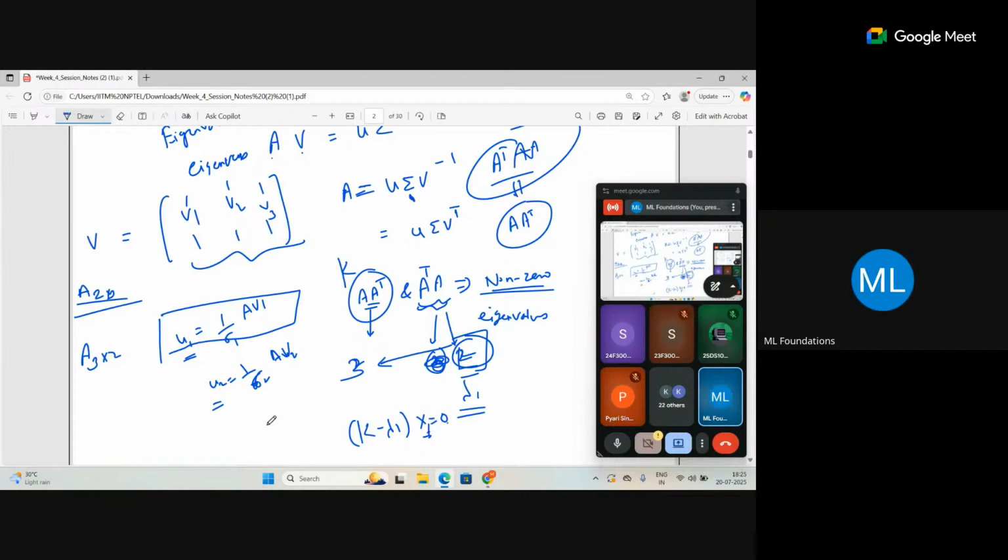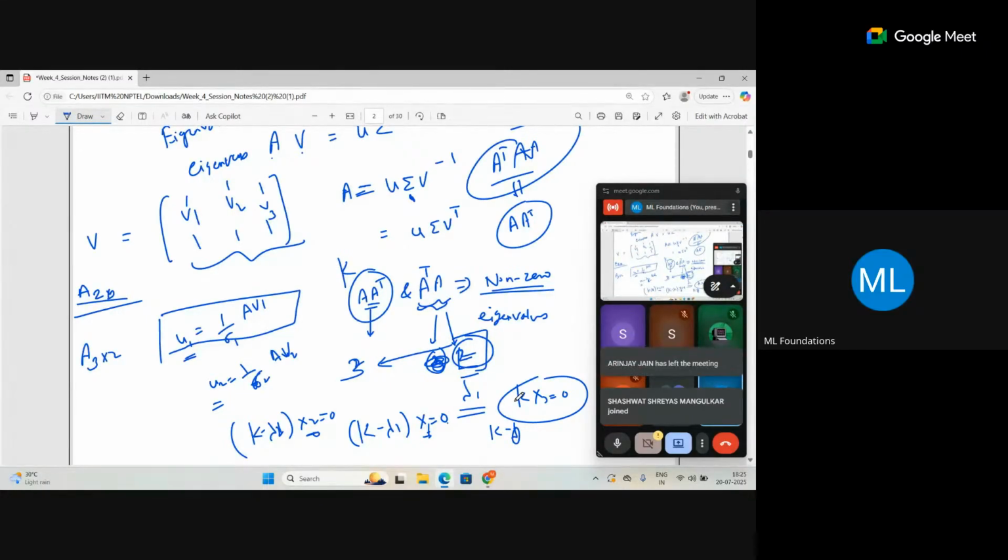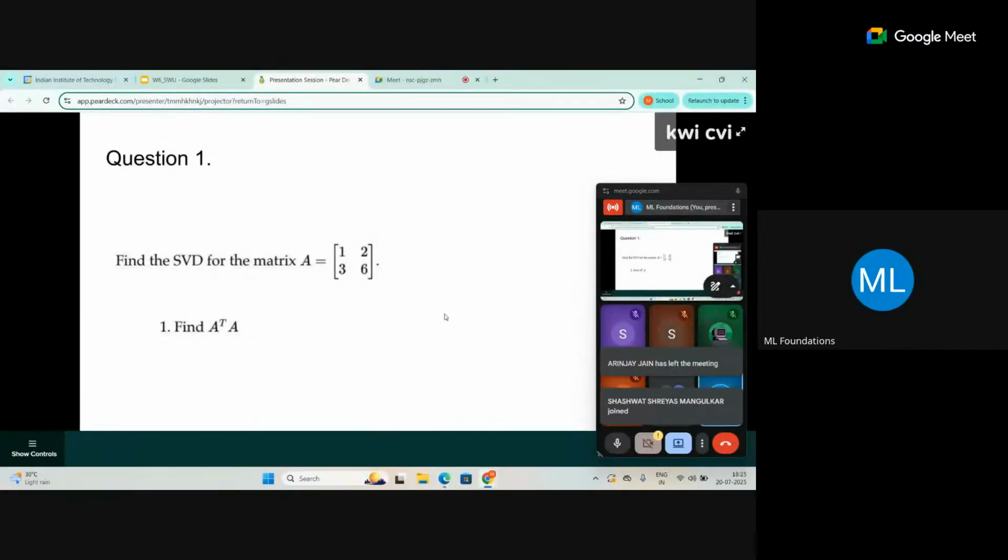Let's say x1, and K minus lambda 2 times x2 equal to 0, and then K minus lambda 3, which is 0, so basically K x3 equal to 0. By these three equations you can find the eigenvectors. Okay, so let us find the SVD form for this matrix A.